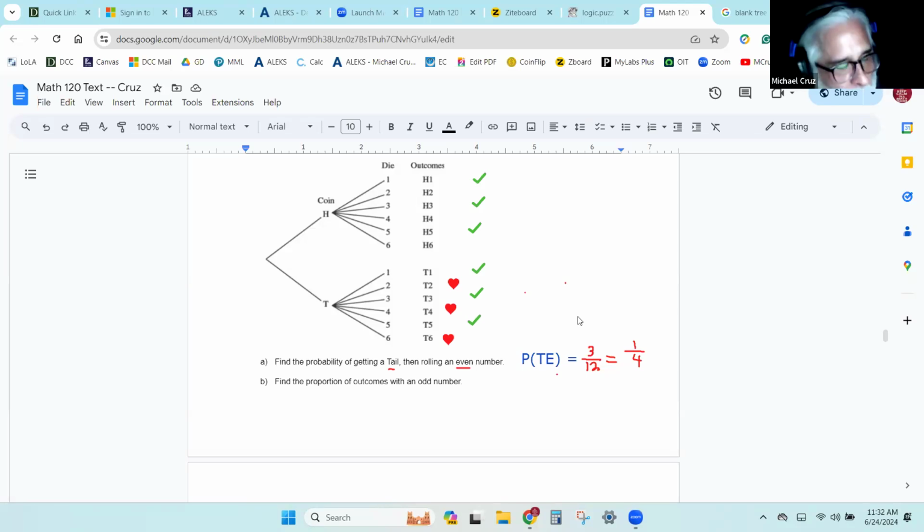All of those have an odd number. So the probability of odd is equal to 6 over 12, which is 1/2. Okay.